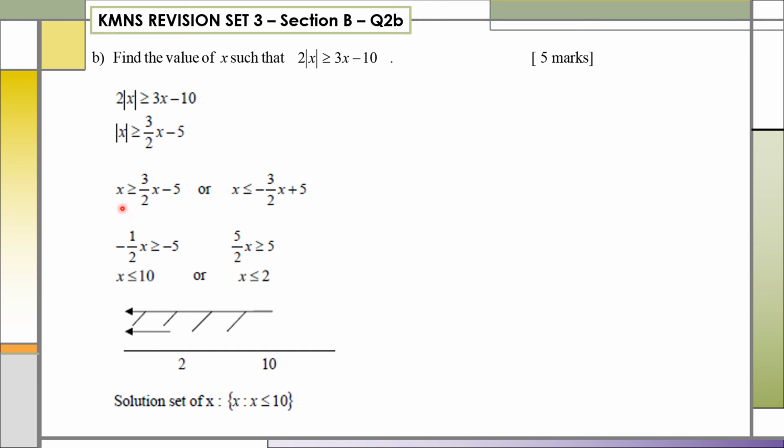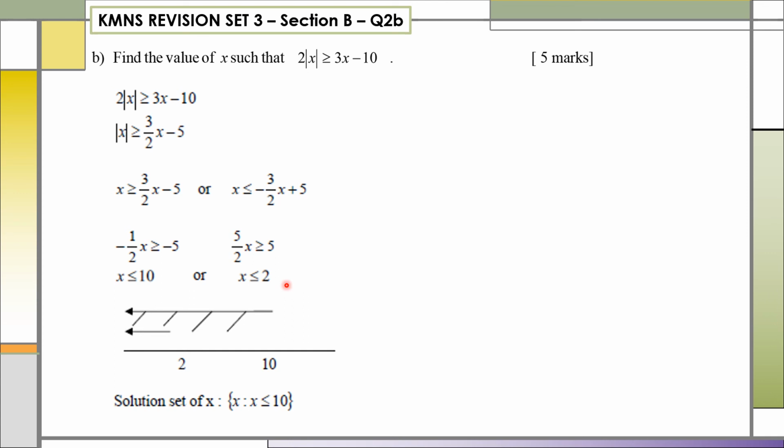So we have x more than or equals to 3 over 2x minus 5, or x less than negative 3 over 2x plus 5. Okay, so we solve both of the inequalities, and the first one you will get x less than or equals to 10, and the second one you get x less than or equals to 2.